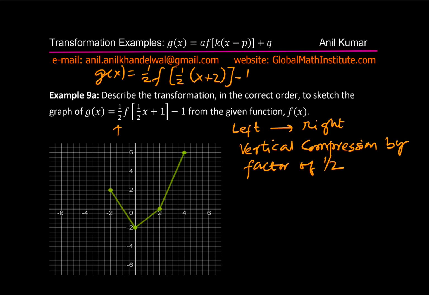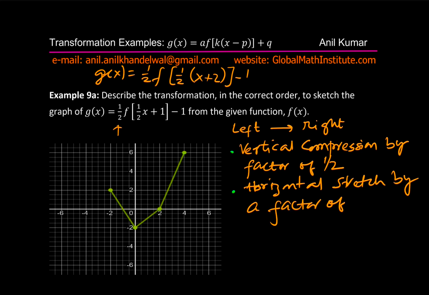So we get the second transformation, which is a horizontal stretch by a factor of 2, 1 over half.